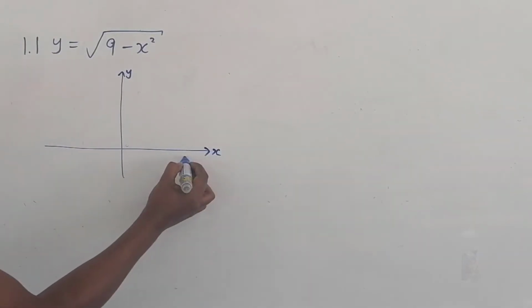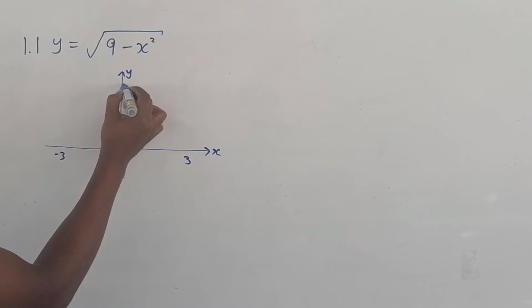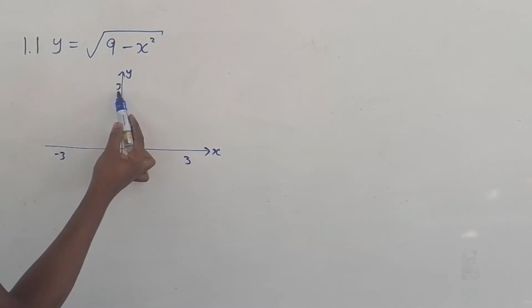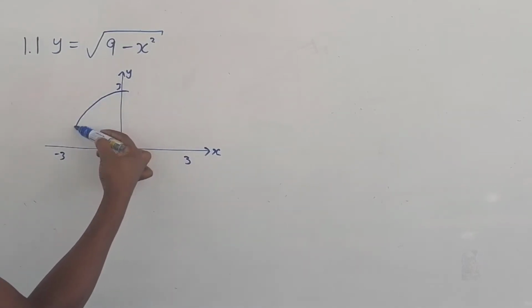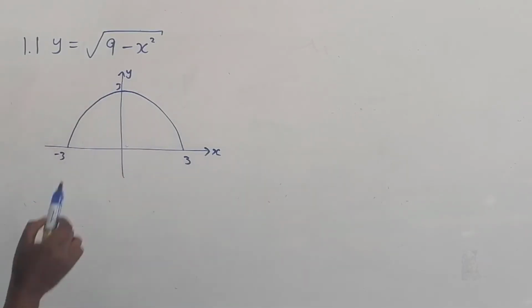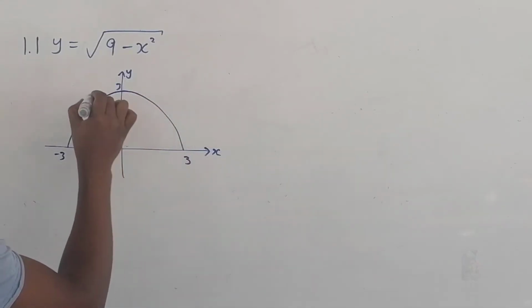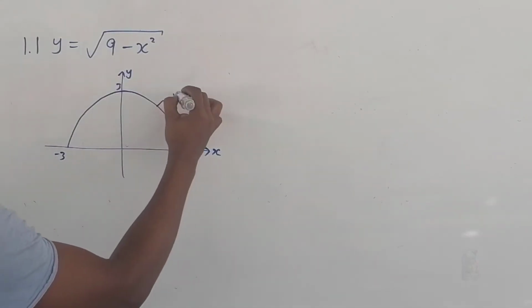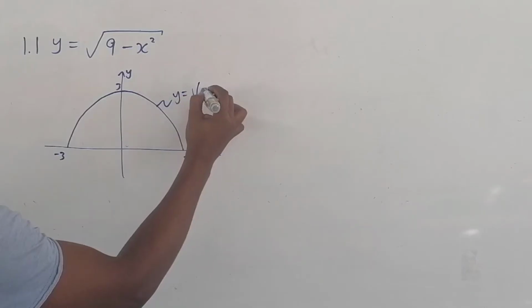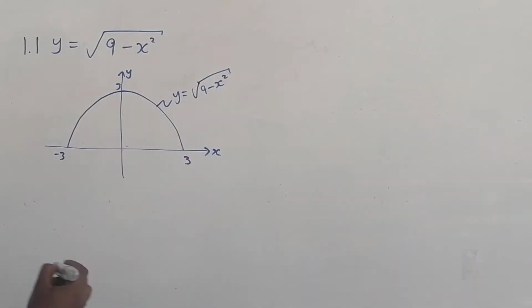So let's look for the intercepts, because those are the things that are important in these curves. For the x-intercepts, we'll get plus minus 3, and for the y-intercept, it will only be positive 3, because the formula itself is showing us that we should only focus on the positive side of y.